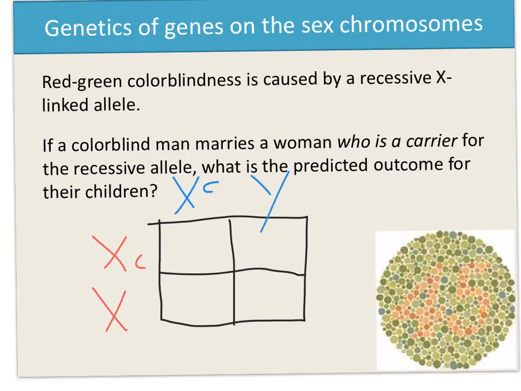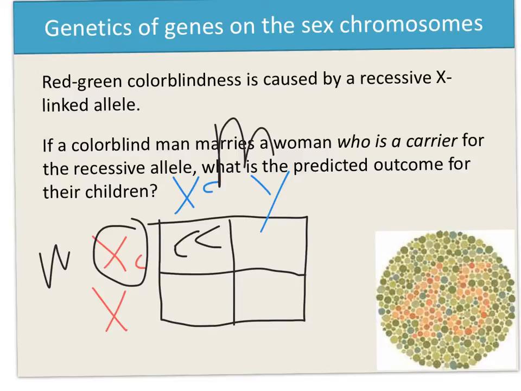Okay, so first of all, in the upper left quadrant, we have an X with color blindness for the woman. And the man also has a colorblind X, so we have X^C X^C, and this is actually a female who's going to be colorblind. Now this rarely happens, but it could, like in a royal family or something like that.